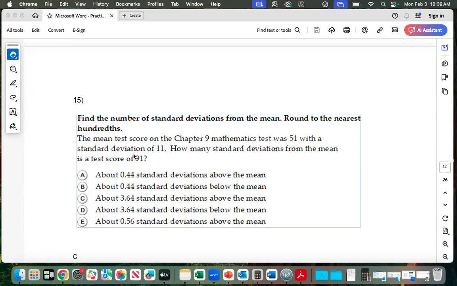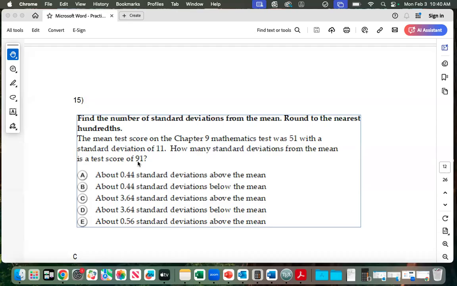So we are given this, and then we are told that we are given the mean and the standard deviation. And then we are told how many standard deviations from the mean is a score of 91. So what they want you to do is compute the z-score. How do we compute the z-score?